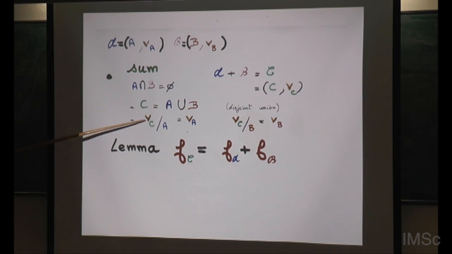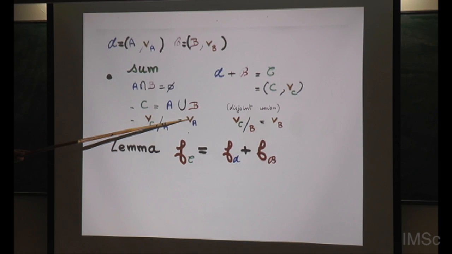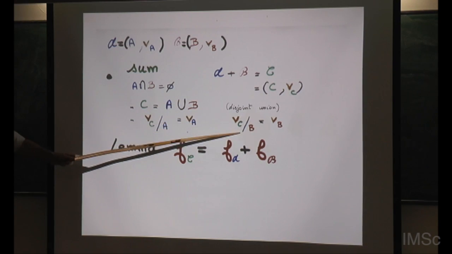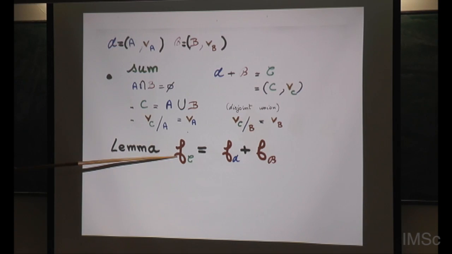The weight on this union is the restriction: when I am in A, I take the weight v_A, and when I am in B, I take the weight v_B. So obviously the generating function for the sum of the two classes is the sum of the generating functions. The definition is made so that it reflects the operation on formal power series. So the sum requires a disjoint union of the objects.